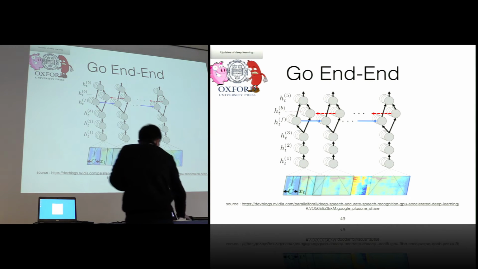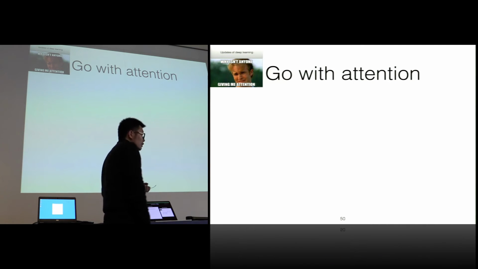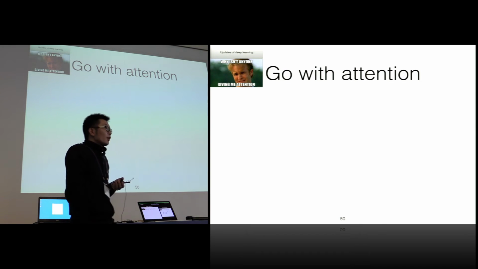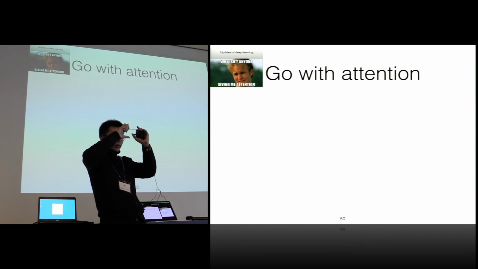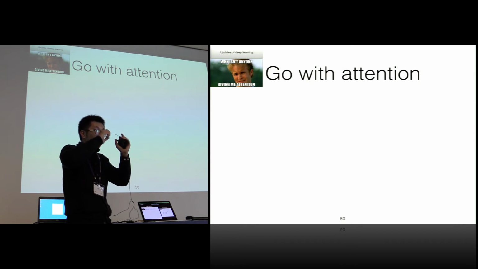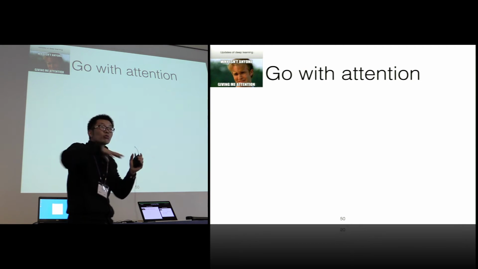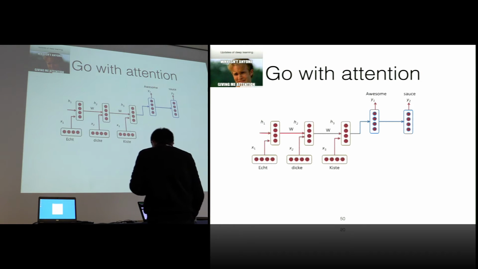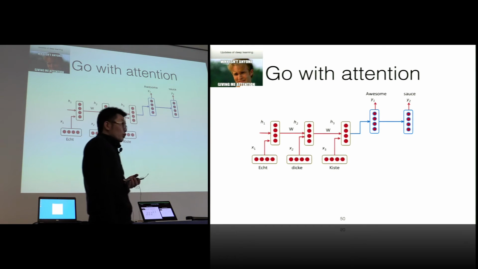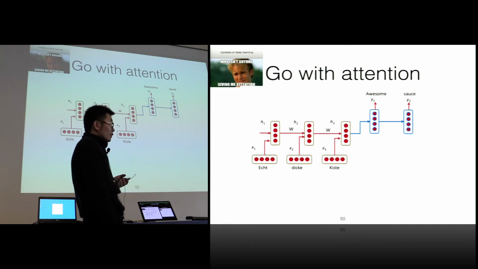Another trend is going with attention. It's a concept brought from humans: when we look at something, we have attention. We focus on one point with our energy, and all the other surroundings get blurred. So in natural language study in particular, when you do translation, the system without attention works like this.